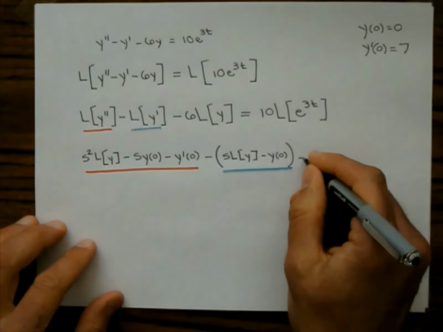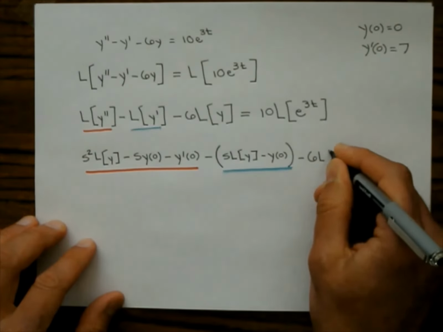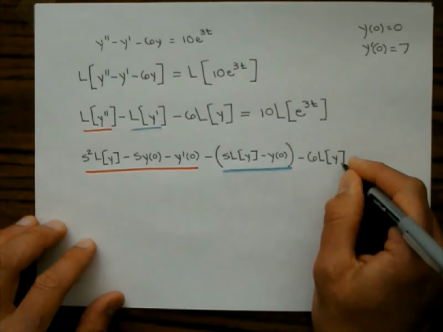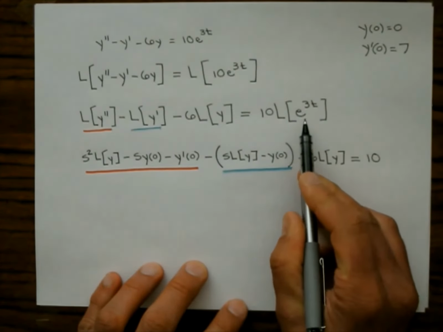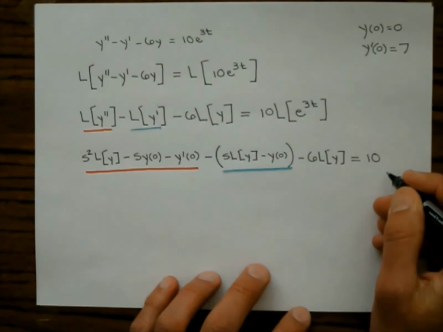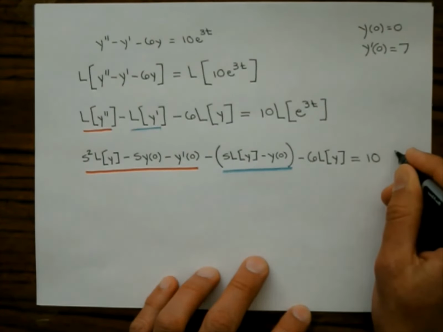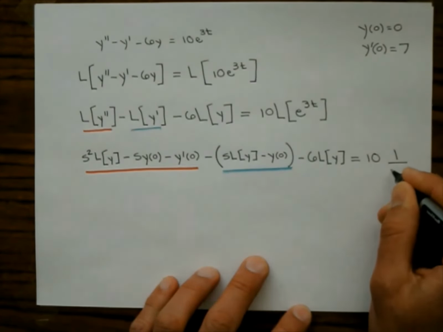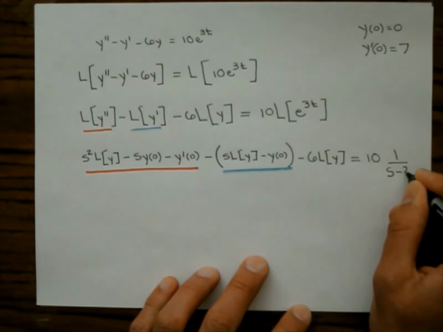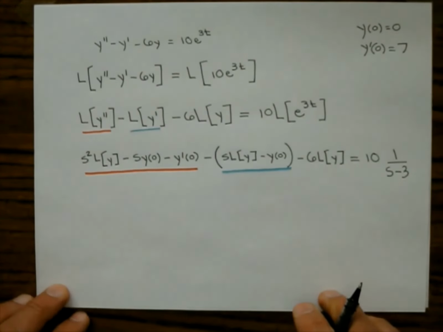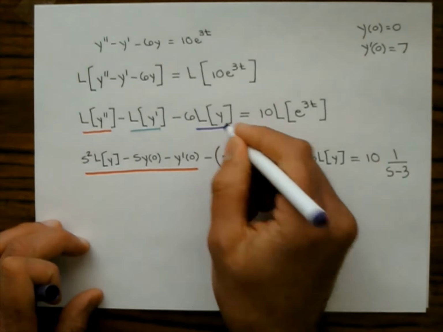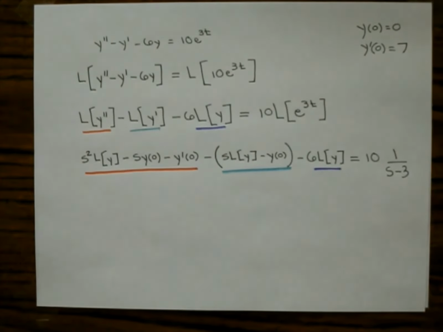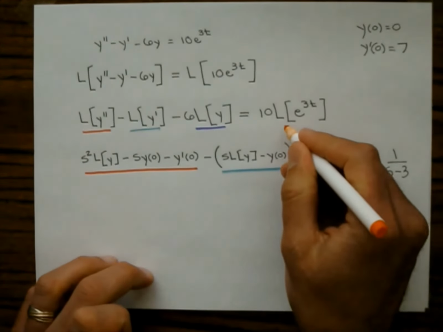Then the next one is minus 6 times the Laplace transform of y. This equals 10 times the Laplace transform of e to the 3t, which happens to be 1 over s minus 3.